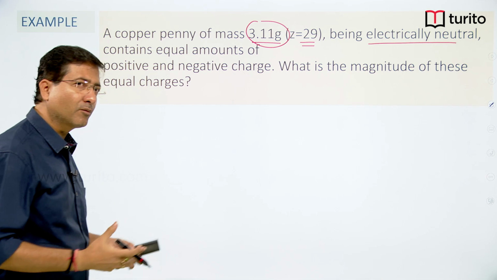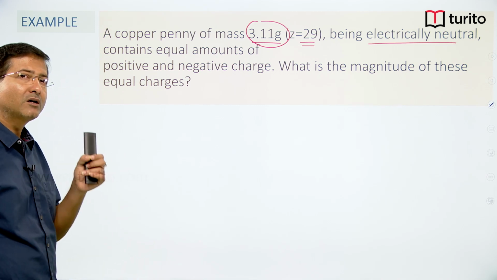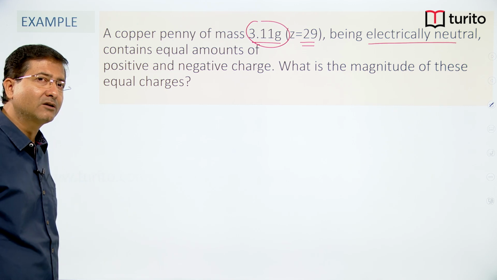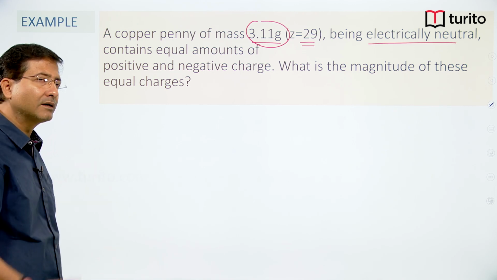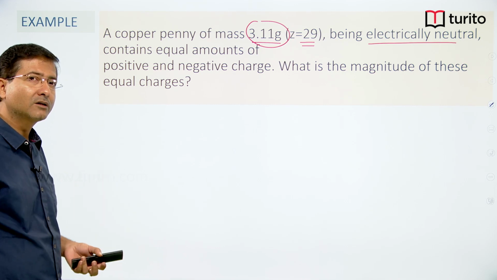I will get the number of protons, and every proton will have charge 1.6 into 10 to the power minus 19 Coulomb. If I multiply by that quantity, I will get the total positive charge on the body.